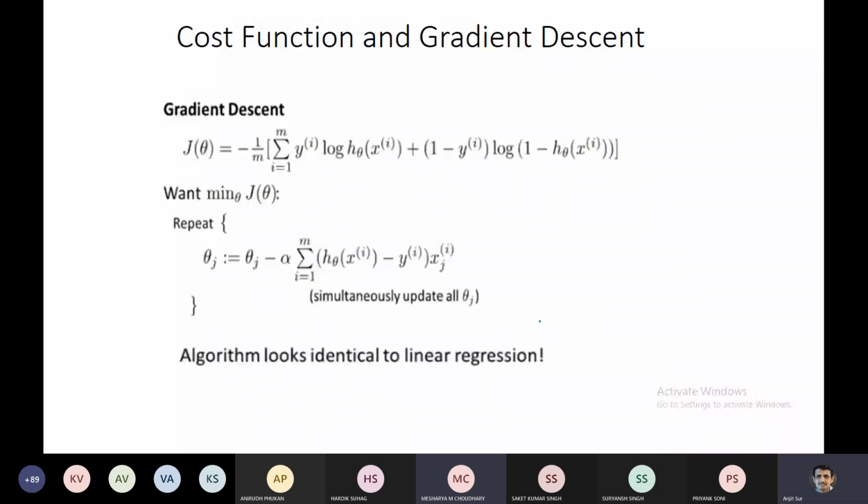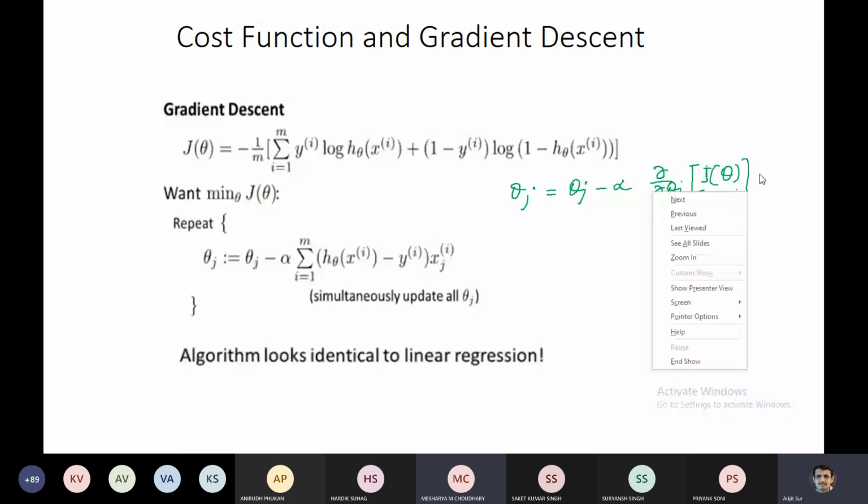So now our gradient descent algorithm is: theta_j minus alpha times del by del theta_j of J(theta). Now what is this J(theta)?